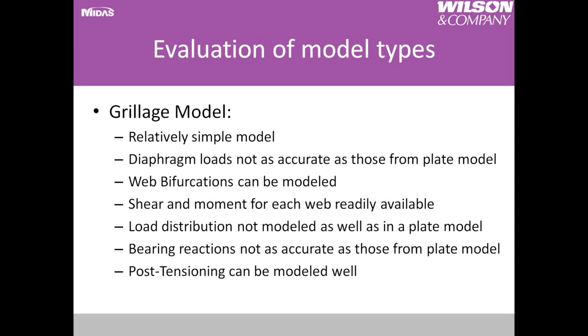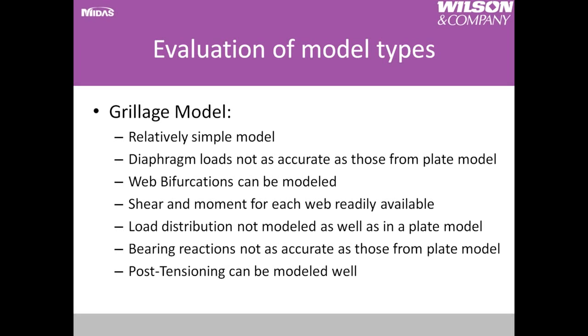Next step up is the Grillage model. This is a relatively simple model. The diaphragm loads are not as accurate as those from a plate model. In this case, we can model the web bifurcations with a little more accuracy. The shear and moment for each web are readily available from this model, so that was a plus.